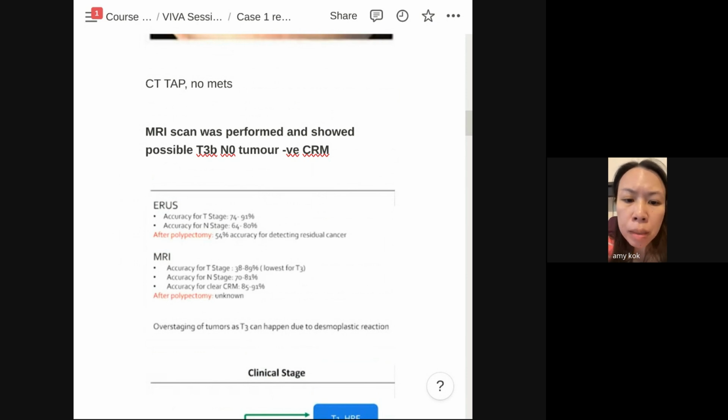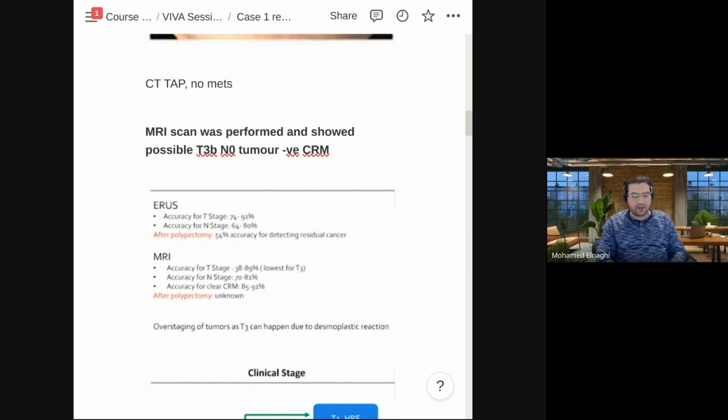Okay, so it's important to be aware that in such cases, when you do a bulbectomy and the histology comes back as cancer, MRI staging can sometimes be inaccurate. The reason is that after bulbectomy, you would expect some kind of inflammatory reaction and edema, and this is why MRI scans can sometimes overstage the tumor.